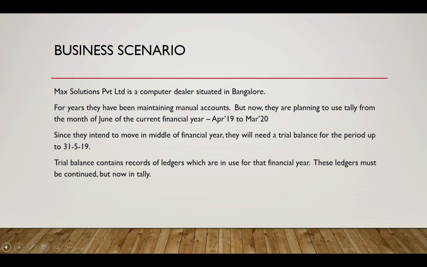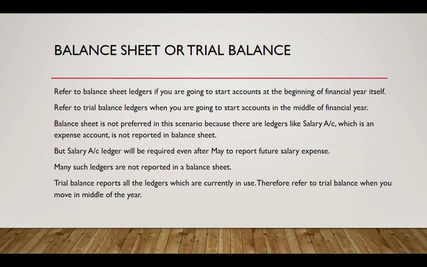Since the financial year has already begun, they need to refer to the trial balance for the ledgers which are in use. So why do we need to refer to the trial balance instead of the balance sheet? Here are the reasons why we need to use the trial balance over the balance sheet when you move in the mid-year. The reason is that there could be ledgers which need to be continued in Tally.